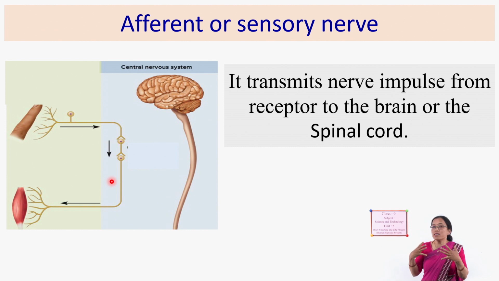When the central nervous system says contract, then this muscle will contract. Then I will remove my hand from the hot object. So that motor information is carried by motor nerves which reach the muscles. See here, from the central nervous system to this, that is called the motor nerve.